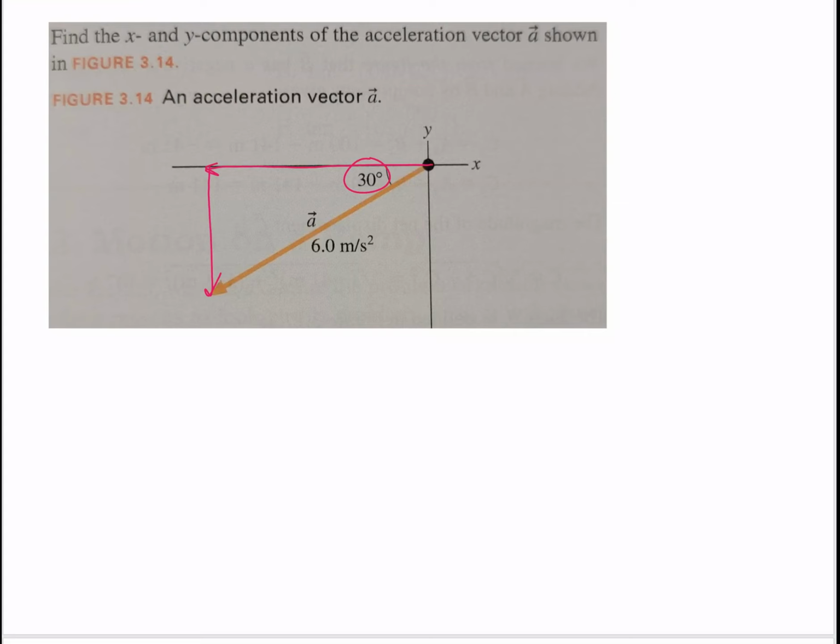It just made sense to do it that way. Now I have to break it into components. I see the components. What is this one along the axis here? This is A sub x, and then this one is A sub y. Now, these are vectors, so we put arrows over them.